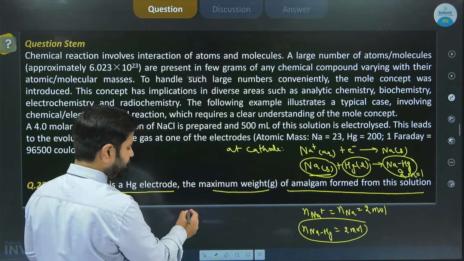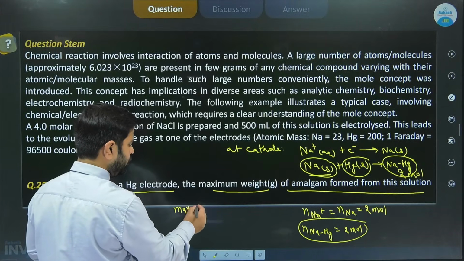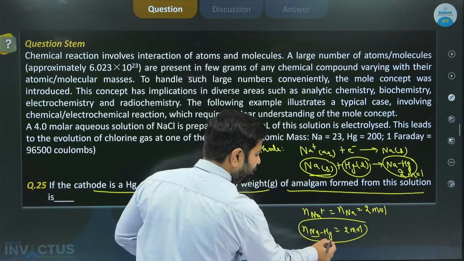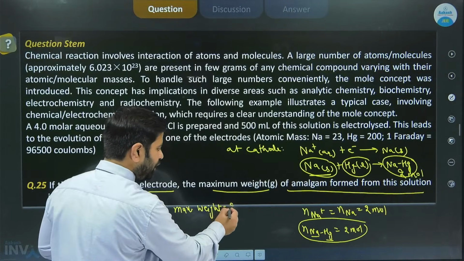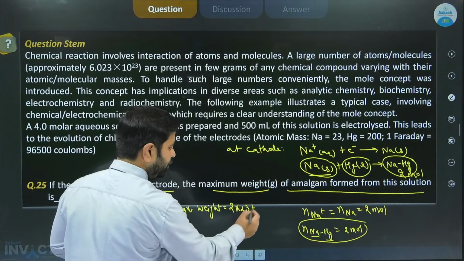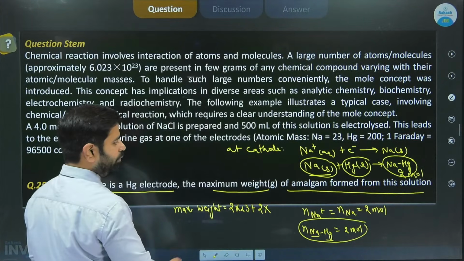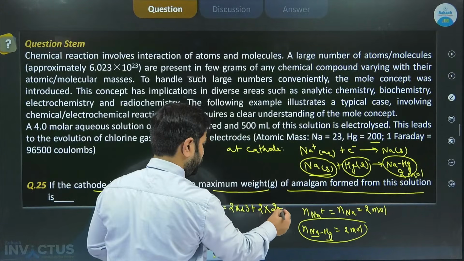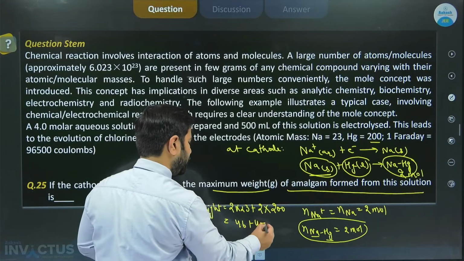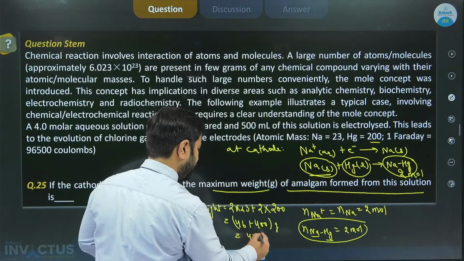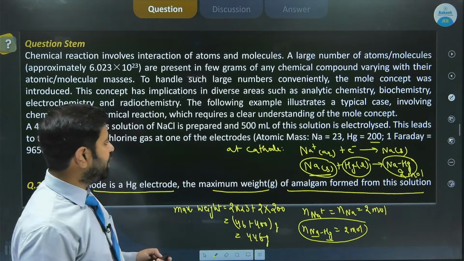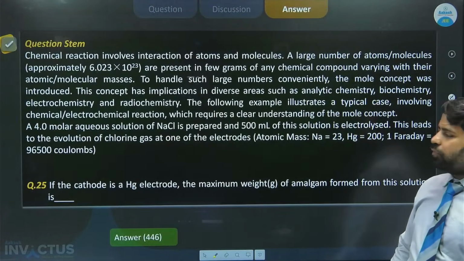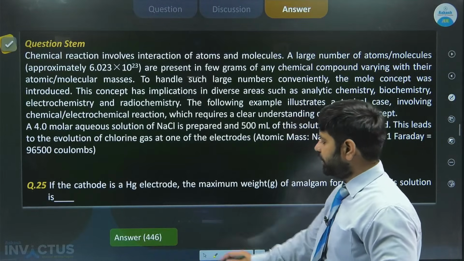Maximum weight would be equal to weight of sodium plus weight of mercury. Weight of 2 moles: 2 into 23 plus 2 into the molecular mass of mercury, which is given to us as 200. So 46 plus 400 grams, that is 446 grams. Let's check the answer to this question. The answer given to this question is 446 grams. Let's move on to the next question.